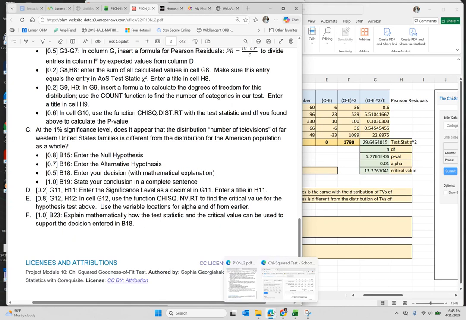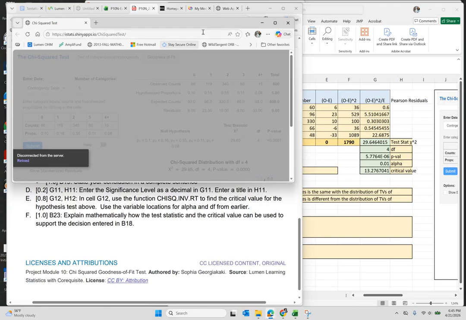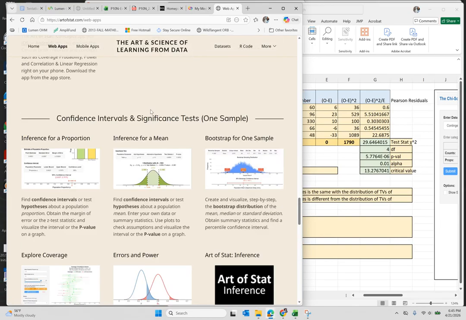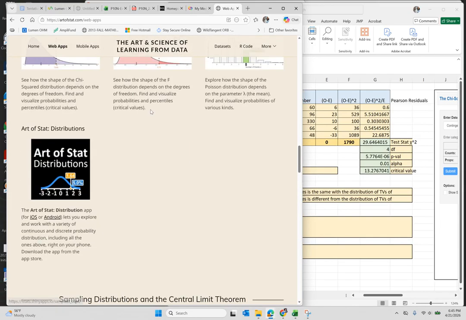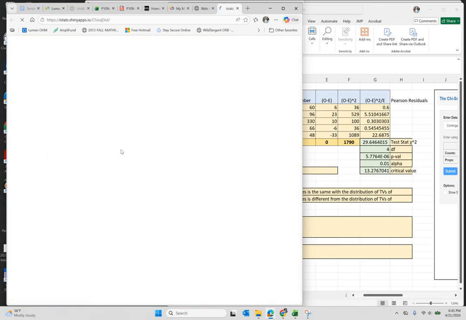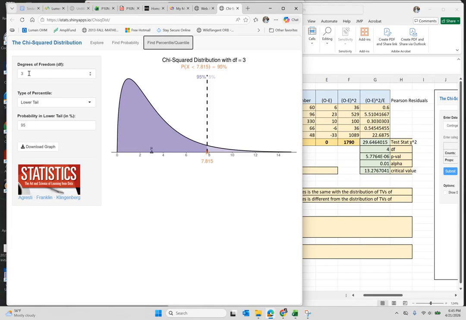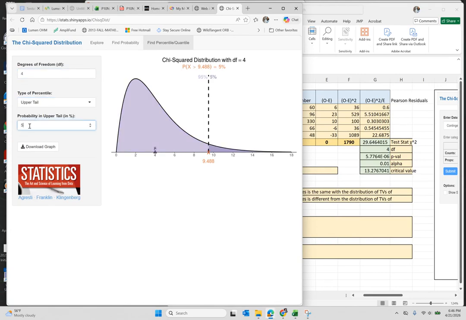And the idea here is that if we are in the chi-squared distribution, and we go in find percentile quantile, and we have a distribution that has 4 degrees of freedom, and we are looking for the percentile in the upper tail to be 1%, then we will have found this critical value of 13.277 if rounded to the nearest thousandth.